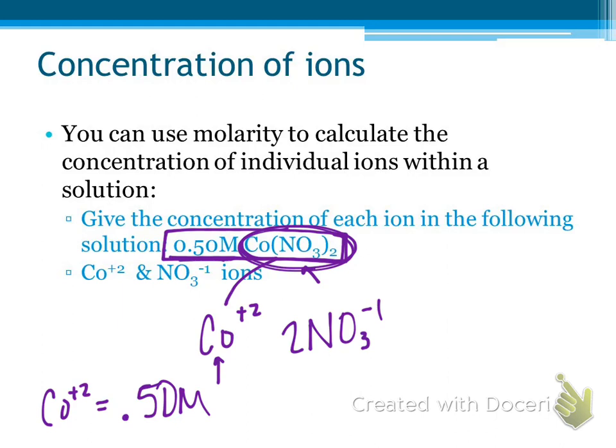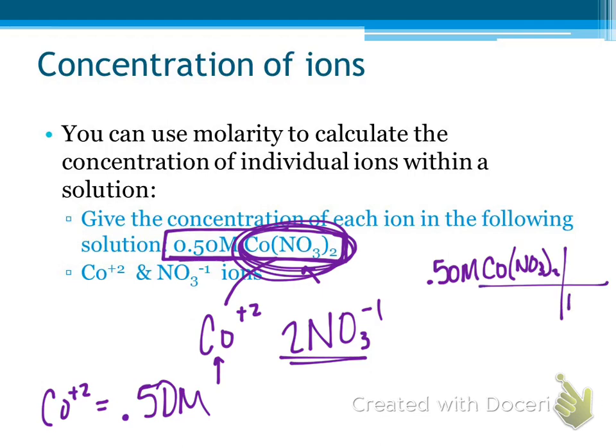So if I have a 0.5 molar concentration of my total system and I have 2 times the amount of nitrate, I can say 0.50 molar of Co(NO3)2, and I can say 1 mole of my compound Co(NO3)2 is to 2 moles of nitrate ions, because we have twice as many nitrate ions in that solution.